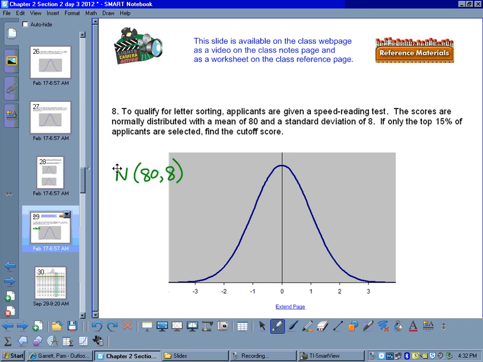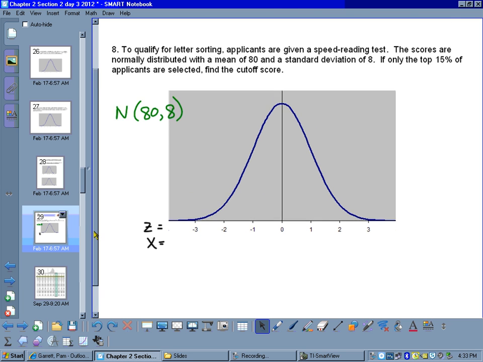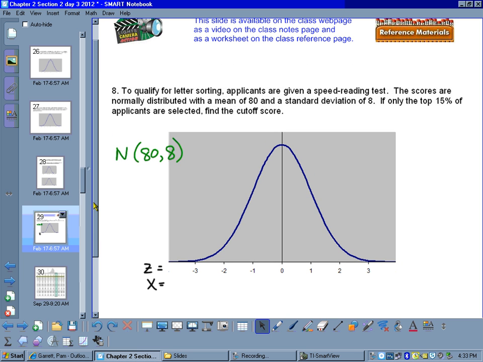We have our z-score already written in for us down here, and now I'm going to write the x-score, the raw score scale, and we know that this is 80, 88, 96, and 104. Going the other way, I would have a score of 72, 64, and followed by 58.